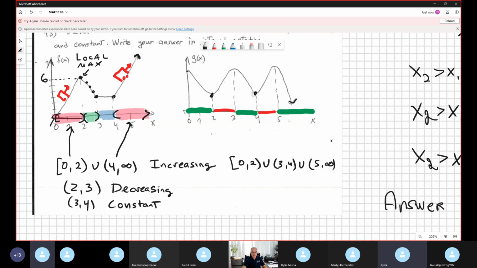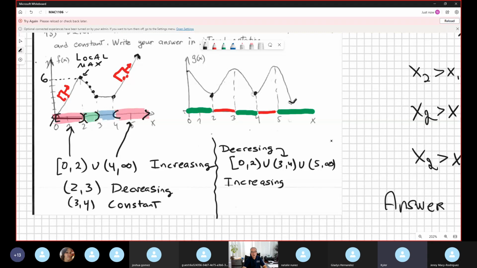That was decreasing, no? Yes. I was using the correct color, but not the correct word. And increasing now is 2, 3 and 4, 5.